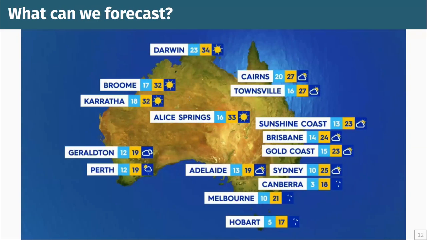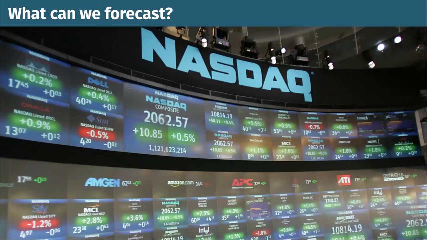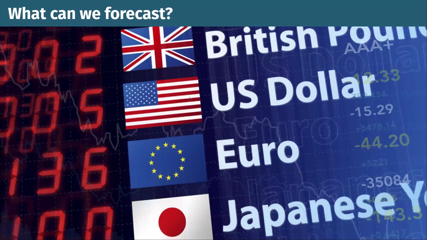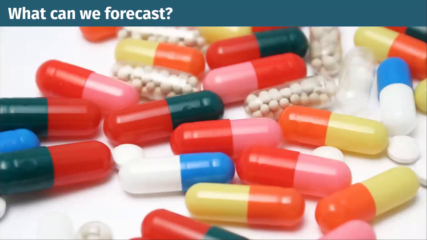People try to forecast the weather and do so increasingly successfully. The current weather forecasts are unbelievably good compared to what they were 20 or 30 years ago. People try to forecast exchange rates or stock markets. So there's some stock market data and exchange rate data, very hard to forecast both of those. One of the things I've done, and I'm going to talk about this a little bit, is forecasting pharmaceutical sales. And I'll show you how we did that.